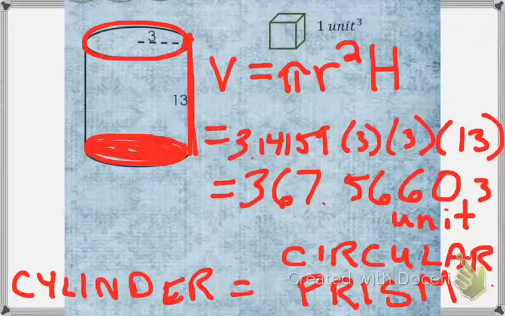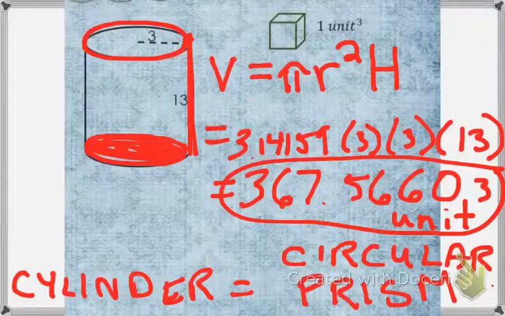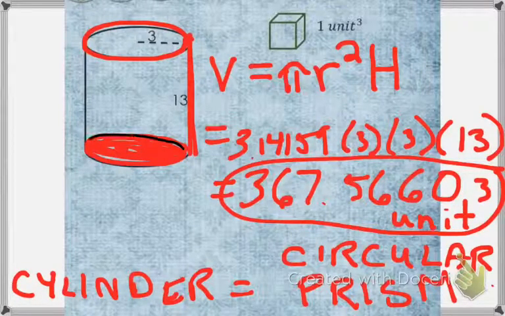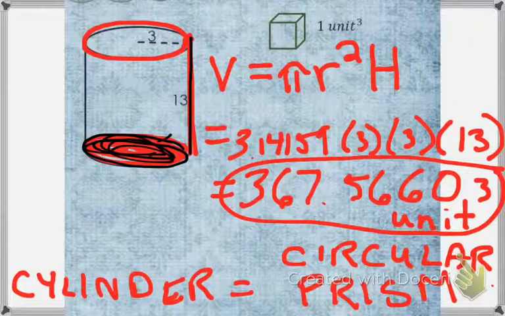It's volume, so it's cubed. So volume of a three-dimensional object is always the area of the base times how high you're going to stack up all those areas.